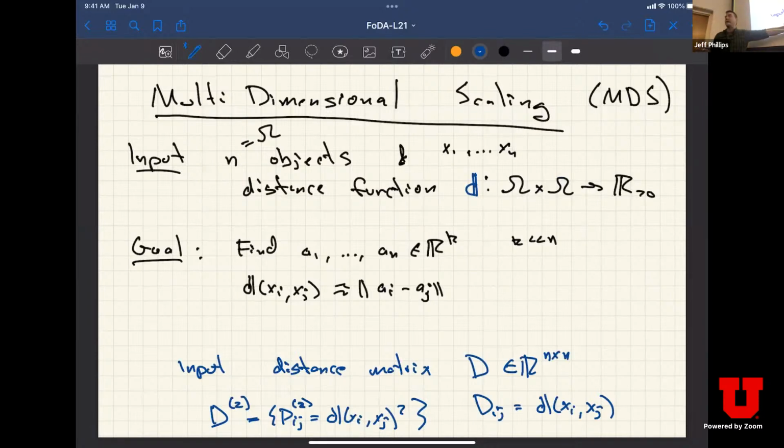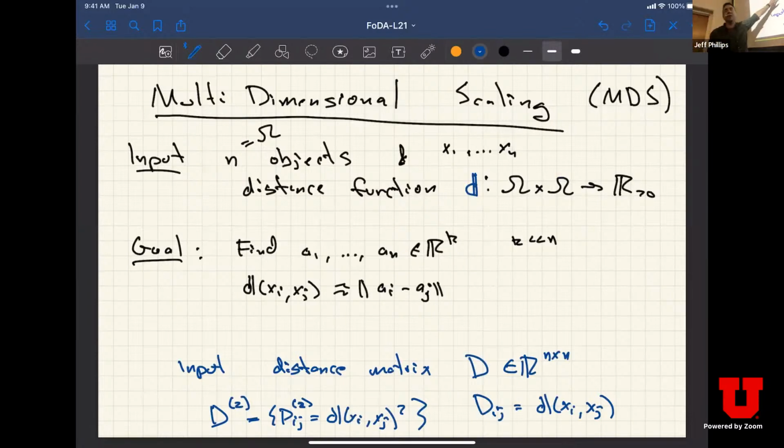I'm squaring all the elements. It's going to be easier to work with the squared distances, the same way it's often easier to work with squared error functions. So we're going to actually work on these squared distances here. We're often given just the regular distances as the inputs.